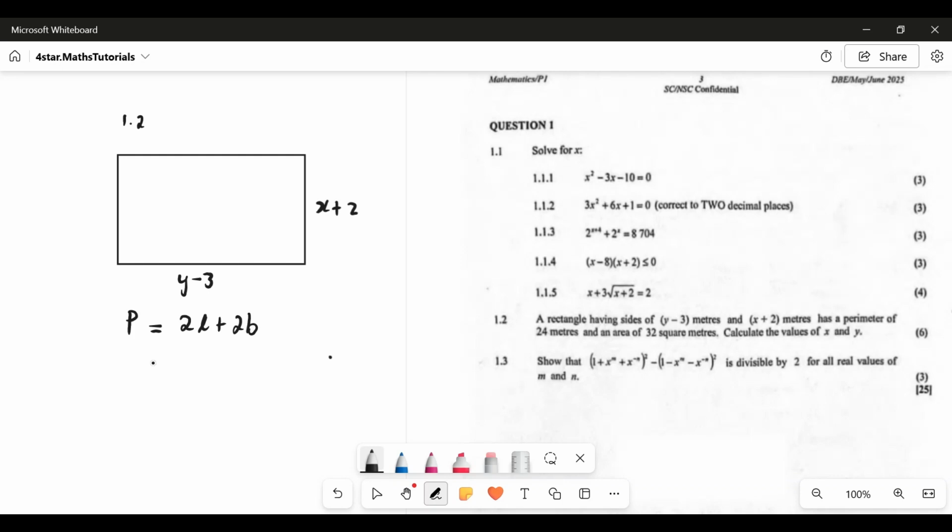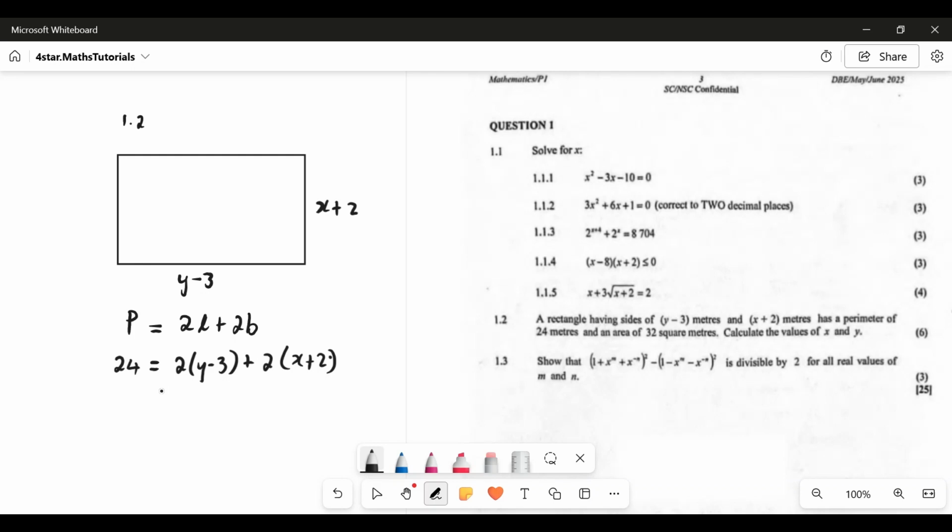Our length is y minus 3, then our breadth is x plus 2. We are given the value of the perimeter as 24 from the statement.